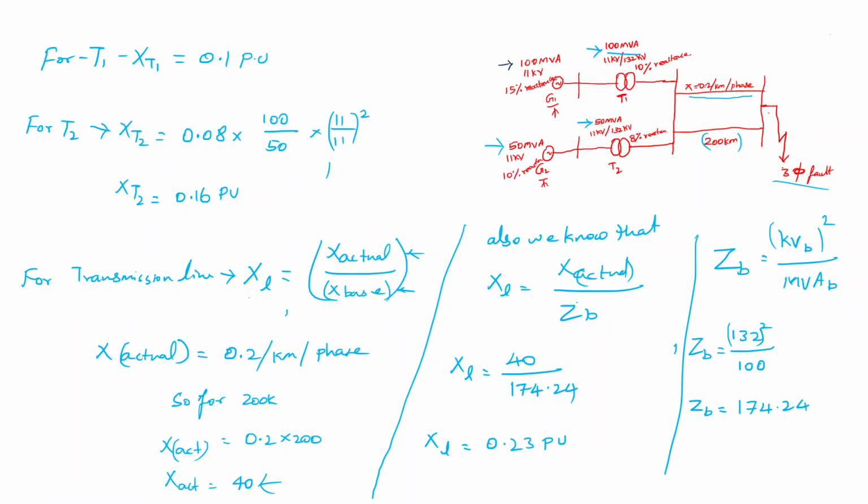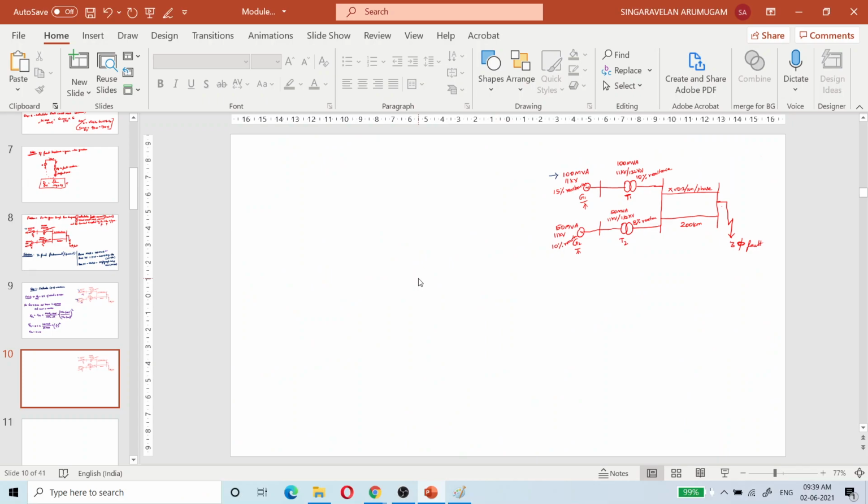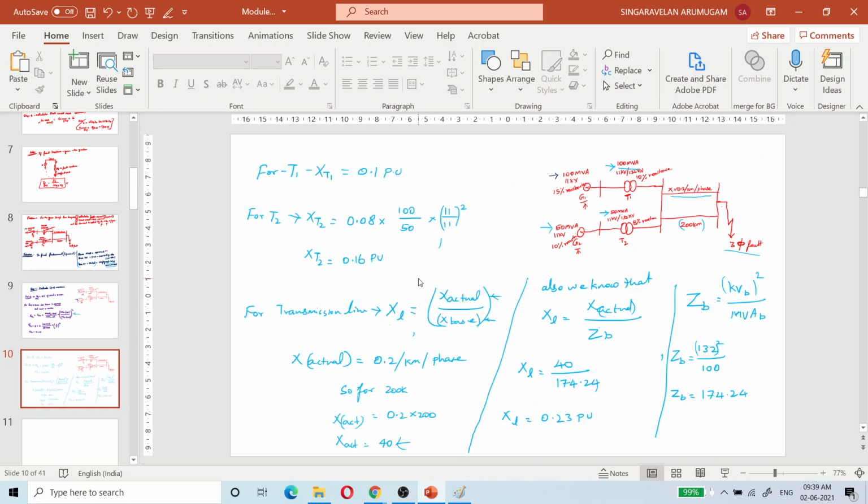Next step, see the theory and tell me what is the next step. Up to this, what we have done is we found all the reactance values of individual elements available in the single line diagram. We know the reactance of each and every element in the single line diagram. Next, what we need to do?